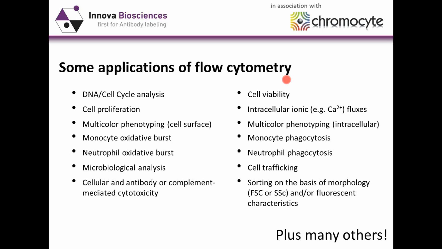And in my own lab, we do a lot of monocyte oxidative burst and neutrophil functional analysis, as well as natural killer cell cytotoxicity assays. And these assays can be developed for other cytotoxic-based studies. So this is only a very short list, but as I say, you can use flow cytometry for many, many applications.